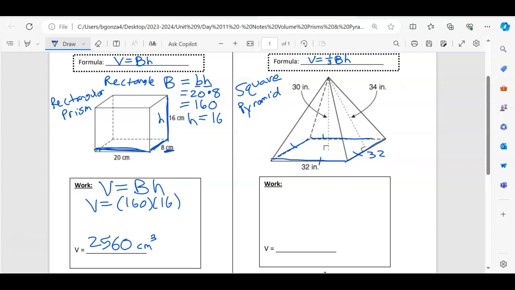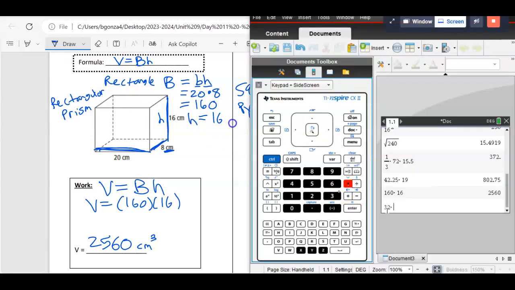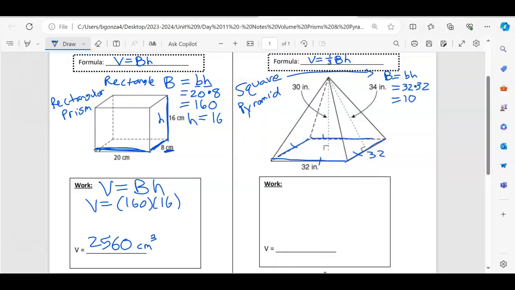Now, to find the big B of a square, it's just like last time. For a square, big B is base times height of the square, which is 32 times 32. Another way to think about that is 32 squared. Either way, 32 times 32 is 1,024.